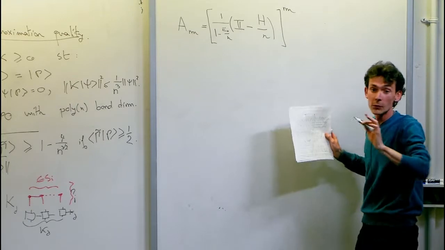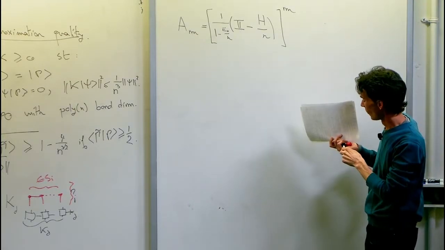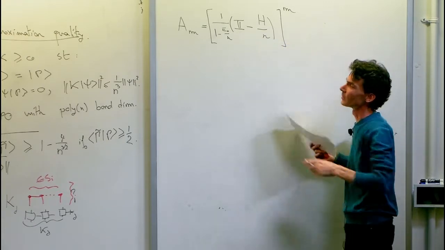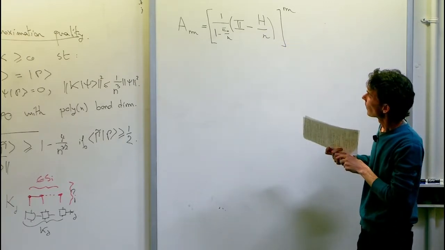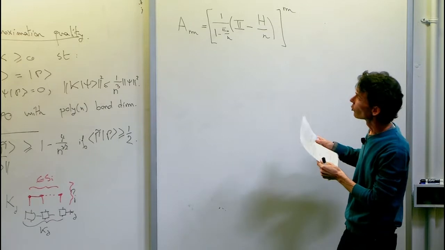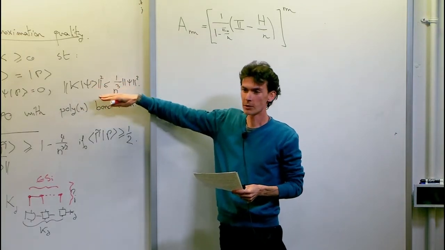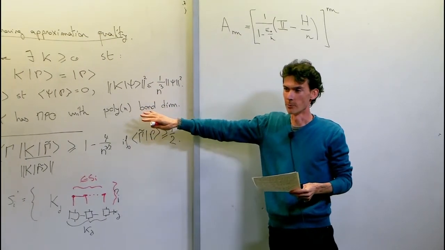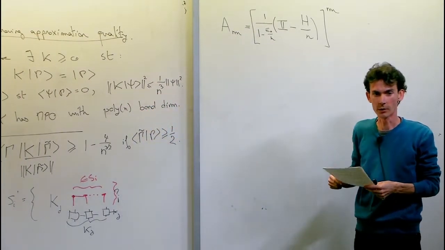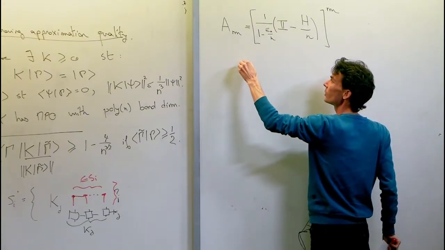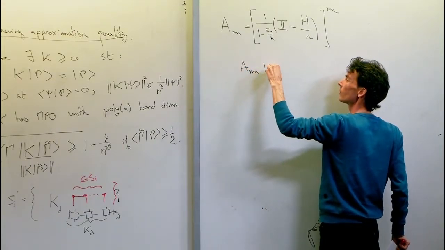So the first thing, this is just a definition. First, I want to show you that this operator satisfies the first two properties, but then it doesn't look like a reasonable MPO, and we'll have to do something to fix that. But let's first just study the first two properties. So let's look at the effect of A_m on the ground state.